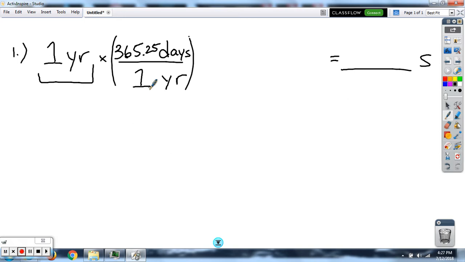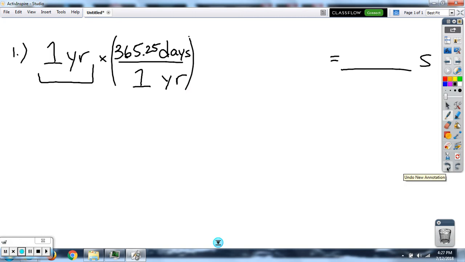Again, notice that without the units, 365.25 divided by 1 is not equal to 1. If you were multiplying that through in this problem, it would change the situation. It would change the math of what's going on.